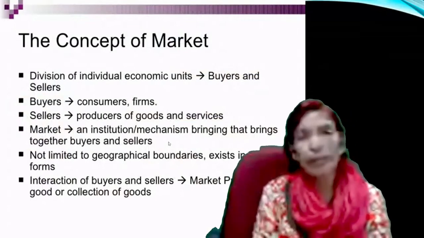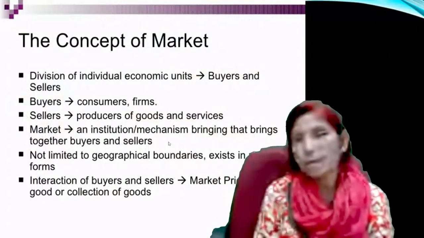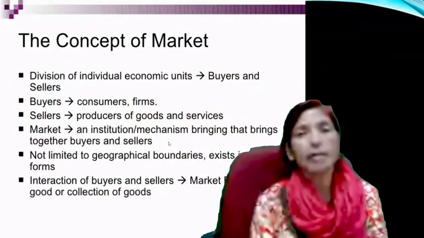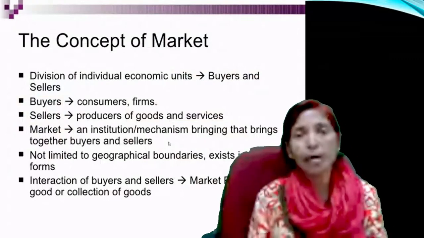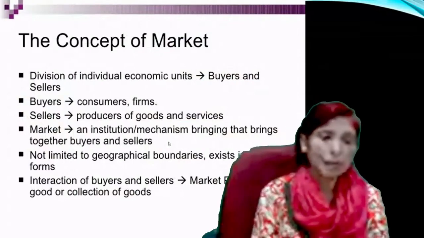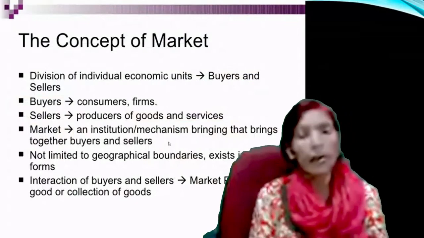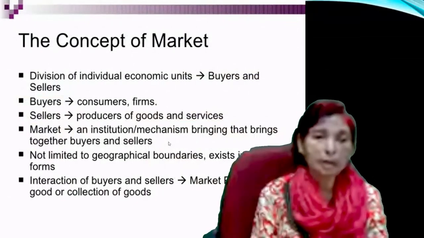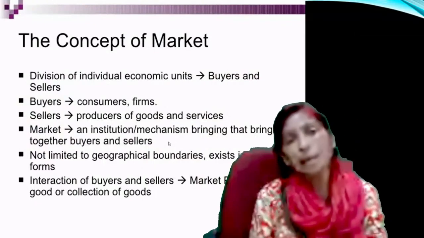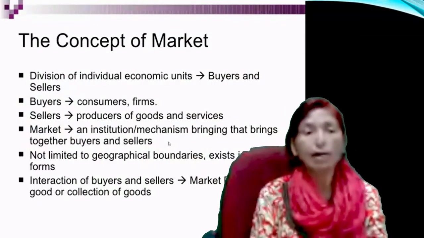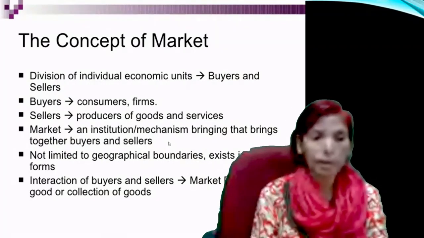If both buyers and sellers agree to take a particular price for that commodity, that price is called the equilibrium price. Consumers and firms are buyers, and sellers are the producers of goods and services.